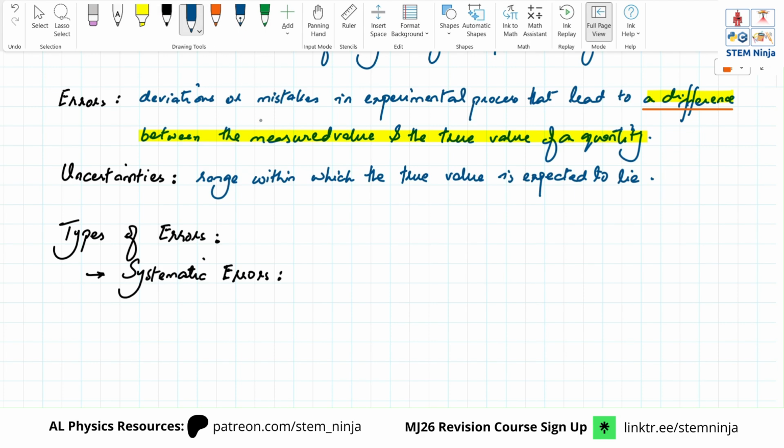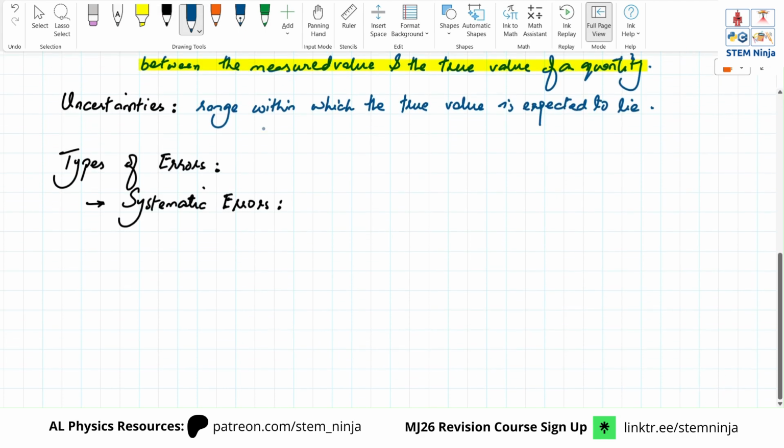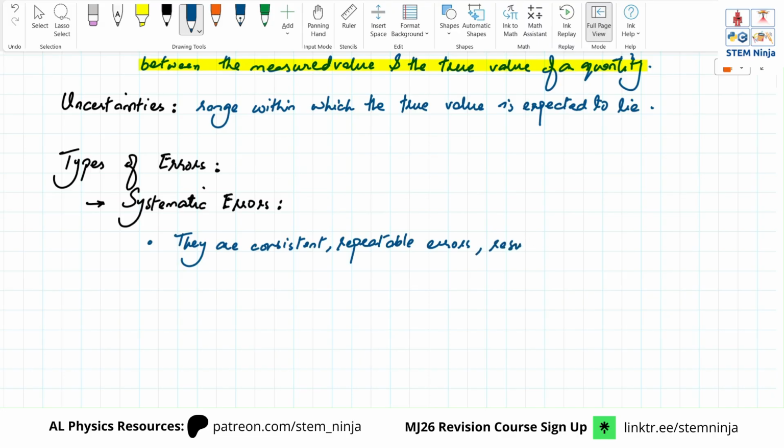Systematic errors are consistent, repeatable errors resulting in a bias in one direction.